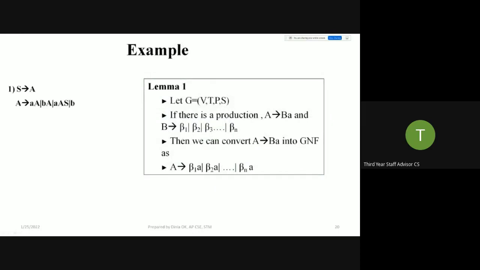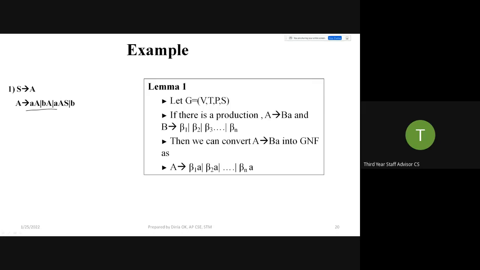Is what I have said so far clear? Suppose we have a grammar S implies A and A implies AA, BA, AS, AAS or B. If we have such a grammar, first of all we have to check whether it is in GNF.